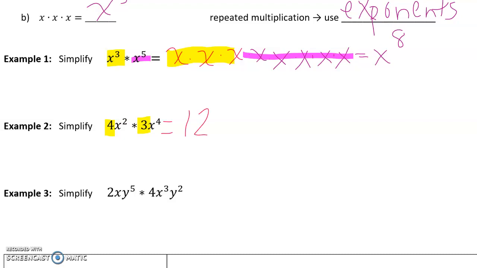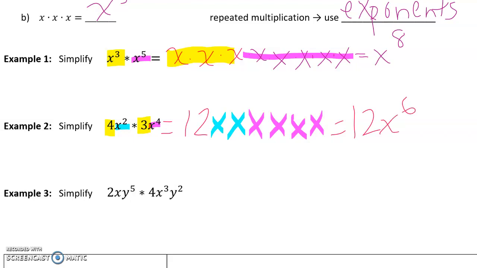From the first one, we have x to the second, 1, 2. And then from the second one, we have x to the fourth, 1, 2, 3, 4. So altogether, how many would we have? We would say this is 12, 1, 2, 3, 4, 5, 6, x to the sixth.